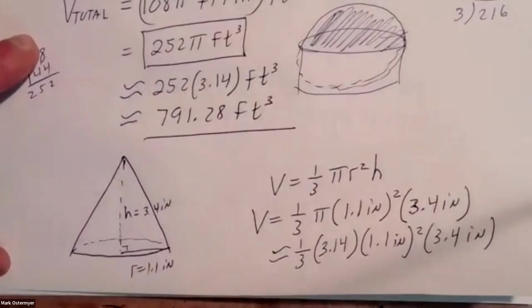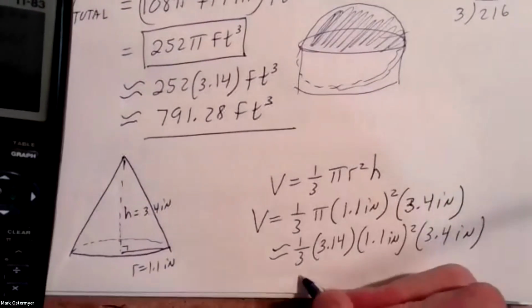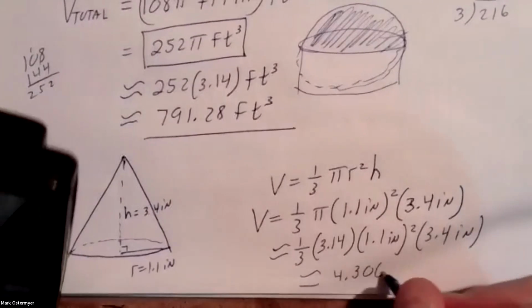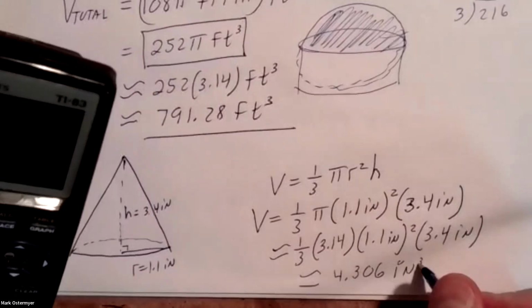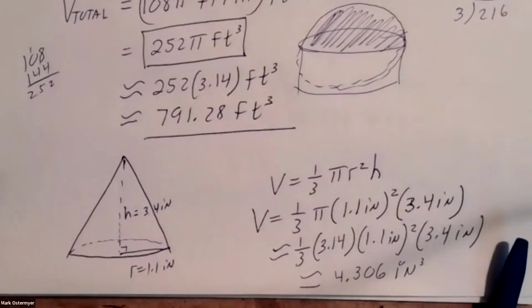So we'd have 1 divided by 3, that's 1/3, times 3.14 times 1.1 squared times 3.4, and I'm getting an approximate volume for this cone of about 4.306 cubic inches. Okay. And there you go. That would be the approximate volume of that cone there.